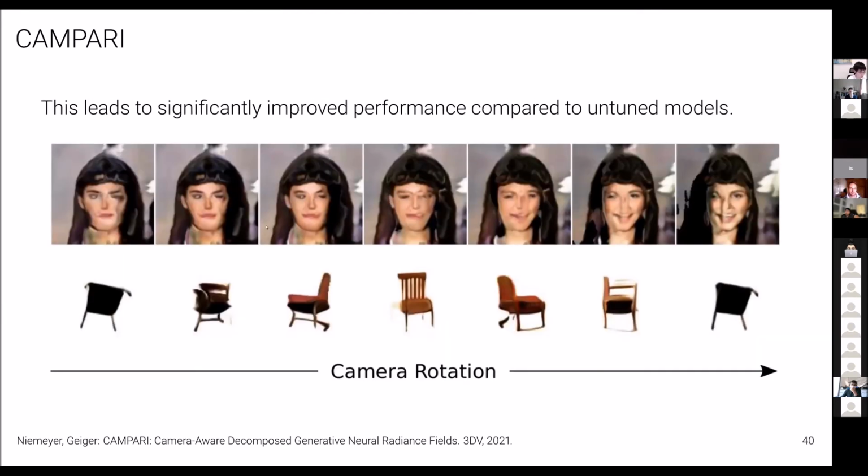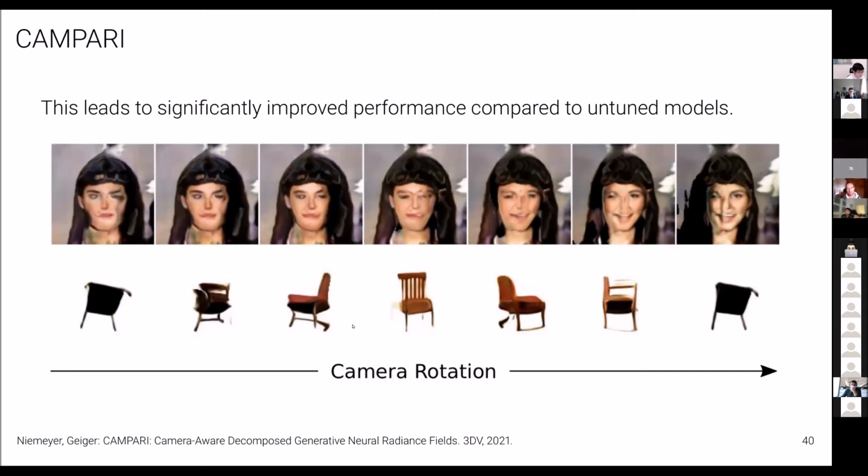If we compare these non-tuned generative models, and here are some samples drawn from trained but non-tuned standard generative models like GRAF and GIRAFFE, you can see that it's not consistent, it's not leading even to very nice photorealistic results.